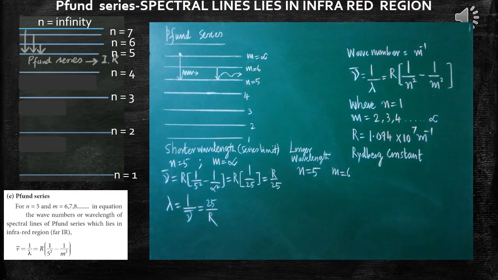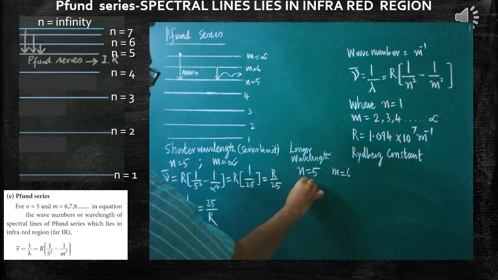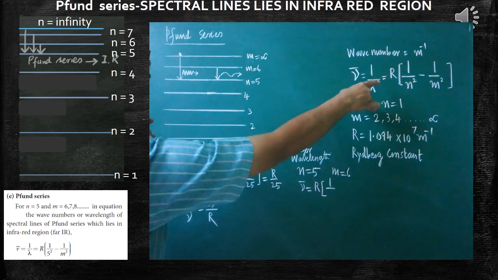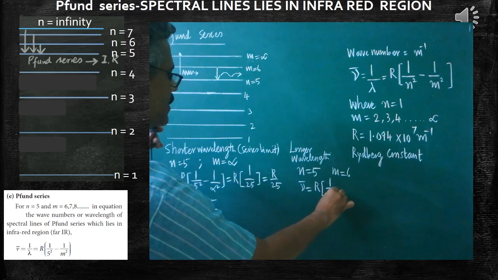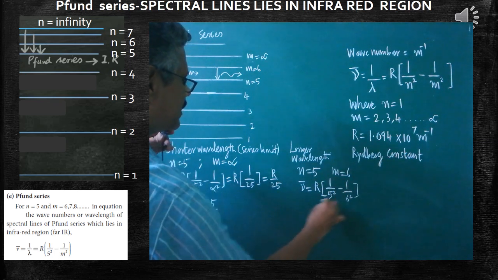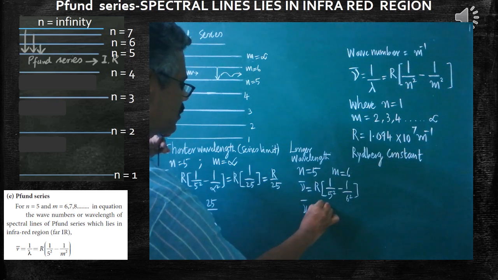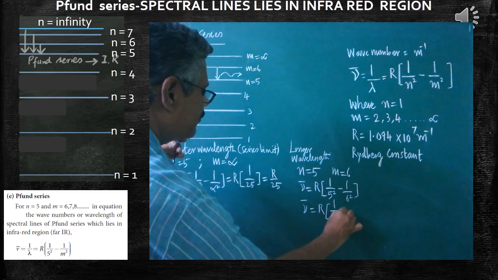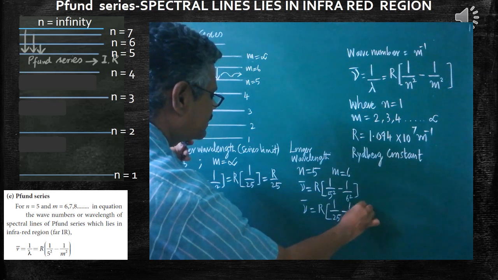So what is the formula to calculate the wave number? Wave number is equal to R, the same formula, with 1 by 5 square minus 1 by 6 square. Nu bar is equal to R into 1 by 25 minus 1 by 36.